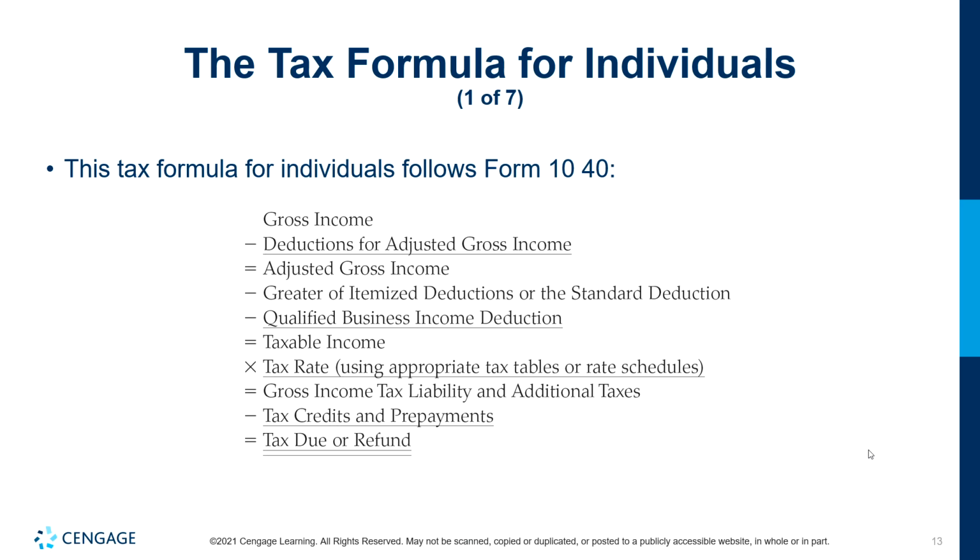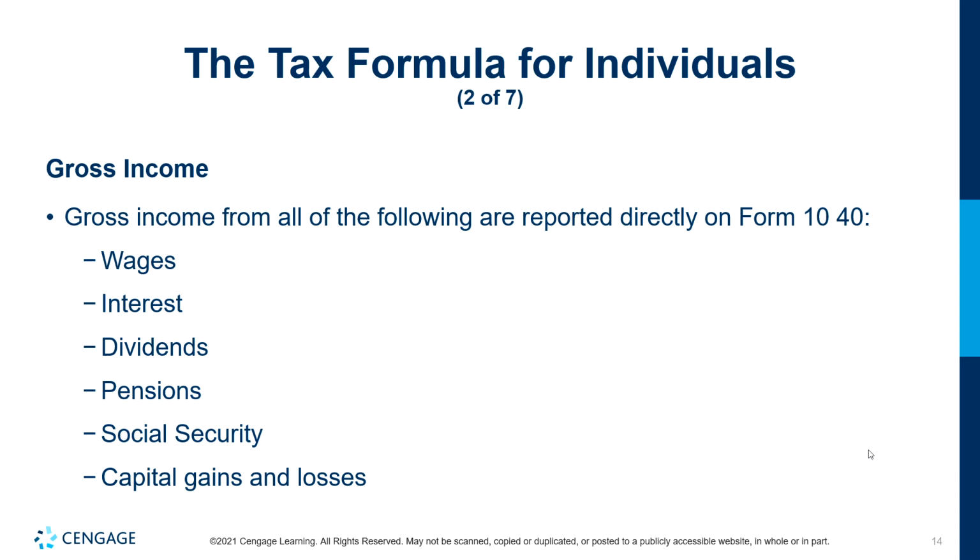So let's go over some of these, starting first with gross income. Now, gross income can be tied to the following and is reported directly on Form 1040, not one of the schedules. And this can be wages, interest and dividends, pensions, Social Security, capital gains and losses.